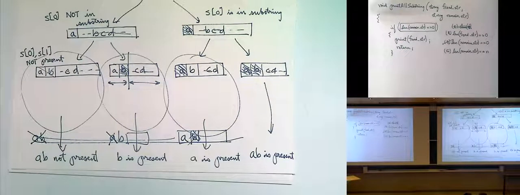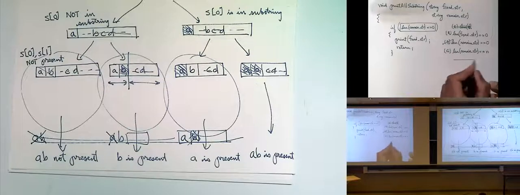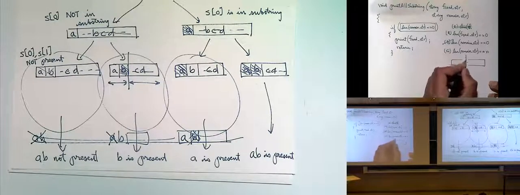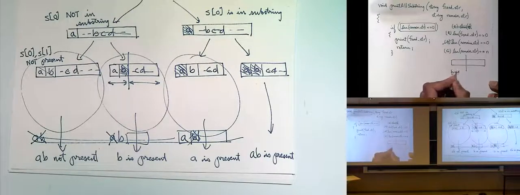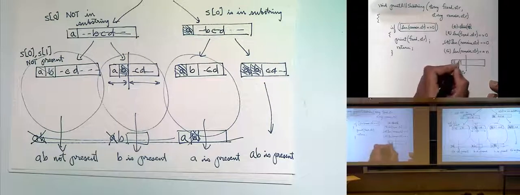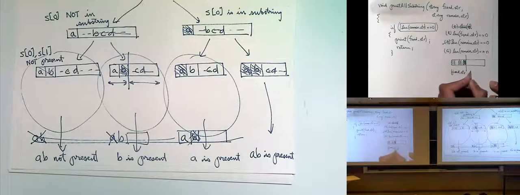Right? So this is the picture that we have here. This is the fixed string, where some subset of this has been chosen, and this is the remaining string. Now what we'll do with the remaining string is we pick out the first character of the remaining string and then decide, do we put it in or not.